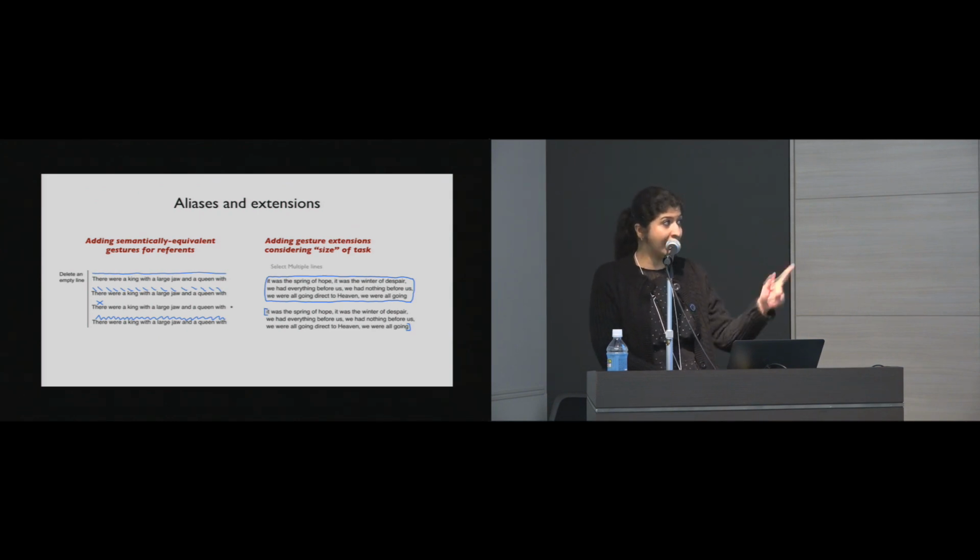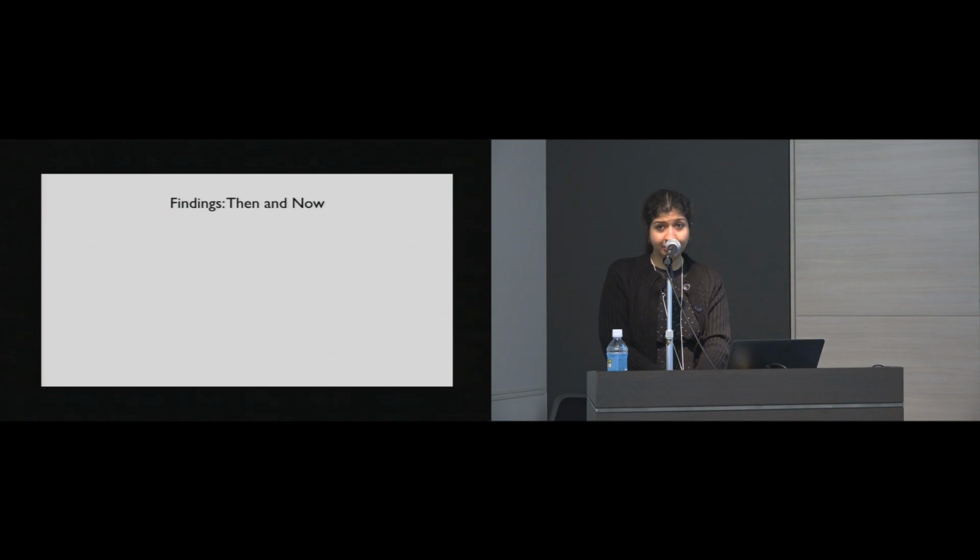And so we also added a gesture that would consider the size of the task as well. And this gesture also came from the collection of gestures that we obtained from the participants, but it wasn't the dominant one. Now I'll talk about some of our findings.